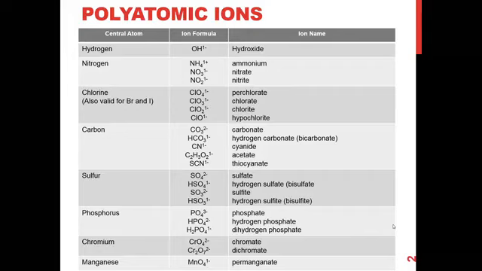Again, noticing the ion that ends in ATE has more oxygens than the ion that ends in ITE. The ATE and ITE ending of the polyatomic ion's name does not tell you how many oxygens the ion contains. It simply tells you which has more, the one ending in ATE.